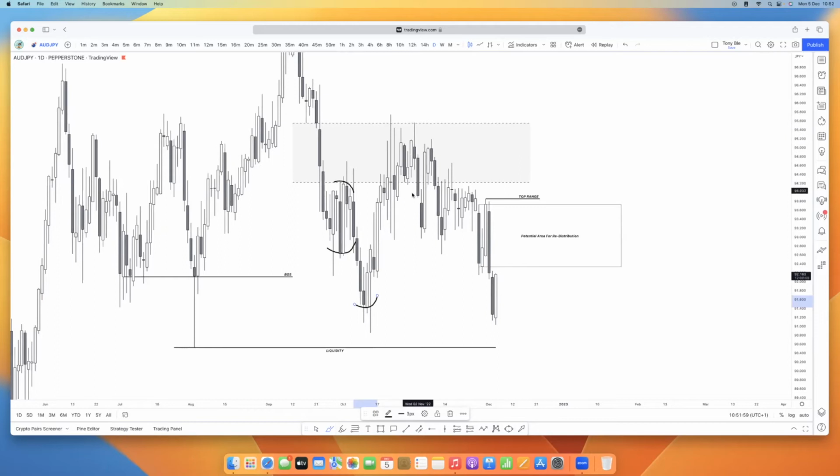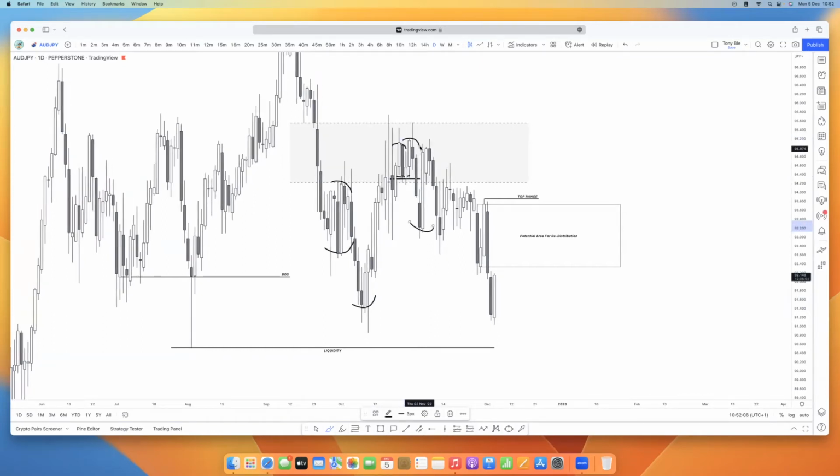And then price broke the structure and started going up. We had higher high, higher low, higher high, a break of structure, then lower low, lower high, lower low, lower high, lower low, lower high, lower low. So we could have caught multiple lower highs. Now price is here.